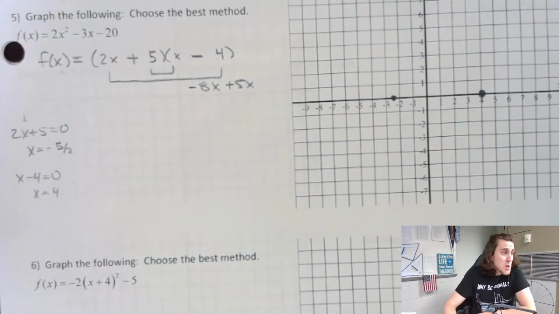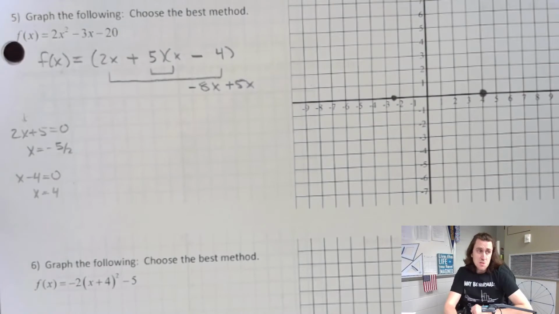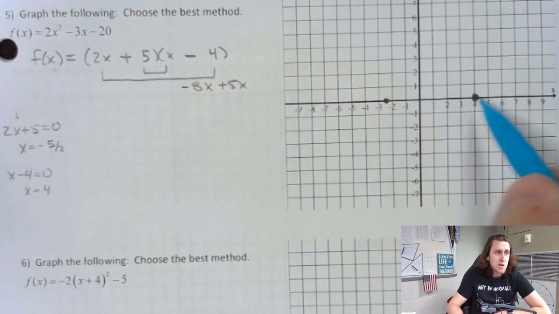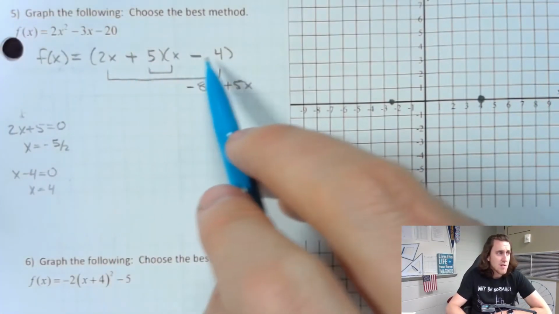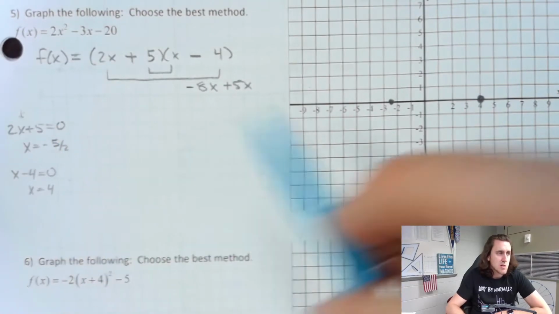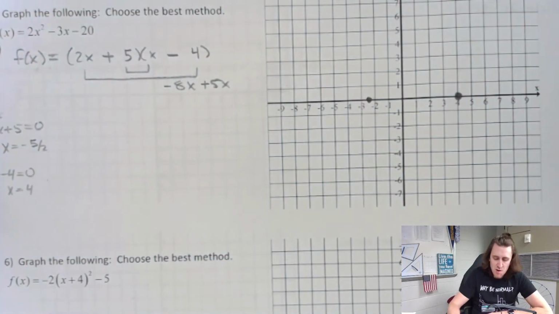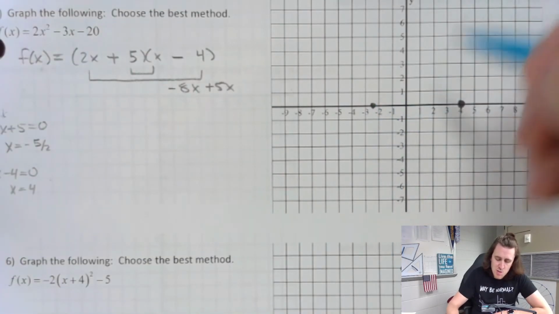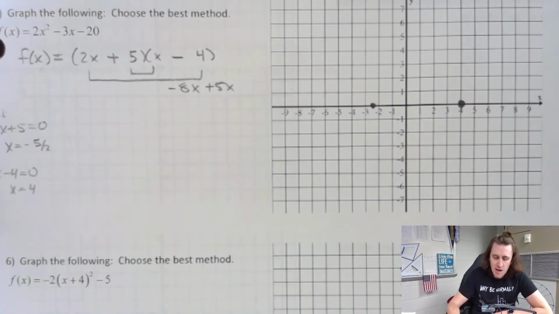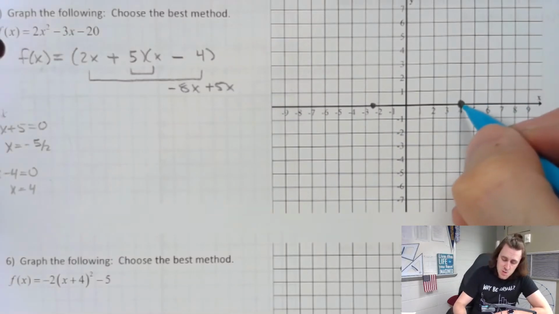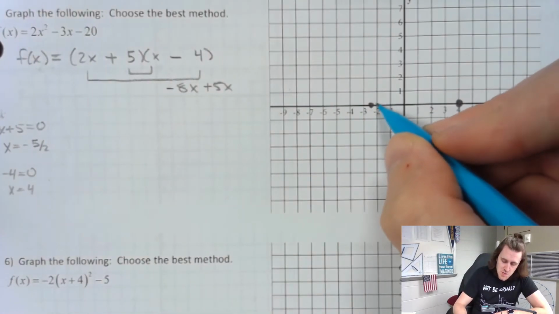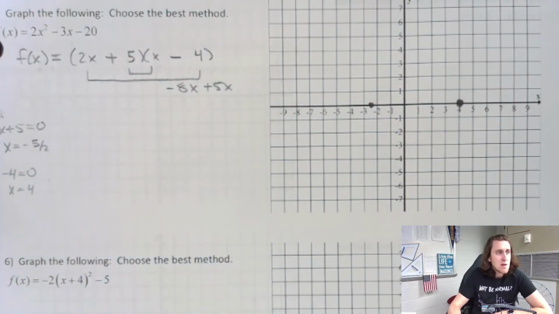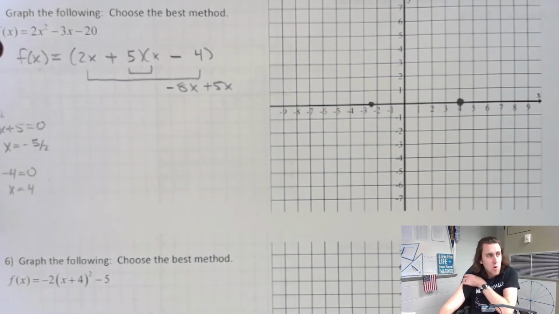So either way, you're going to have to deal with fractions at some point, but we can at least get a nice pretty starting point on this, right? It's not hard to factor. It's not hard to set equal to 0. We now have something to go on. Next, we need to figure out what's the distance between these, because we know that the axis of symmetry is going to be halfway. So these are currently 6.5 units apart. So we need to find 3 1/4.